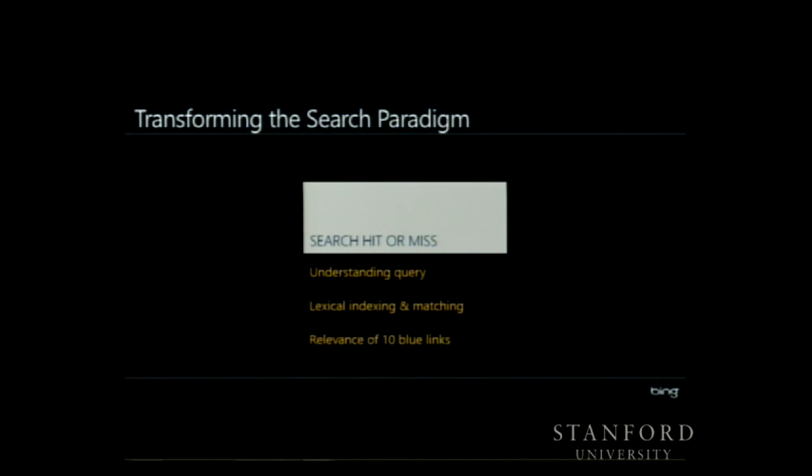You give a query, then we give you 10 results back. It's mostly web documents. So the job there is understanding the query enough, lexically, then indexing the words and trying to do matching. Then we try to compute the relevance. At the end of the day, the result is the relevance of the 10 blue links, 10 web documents.